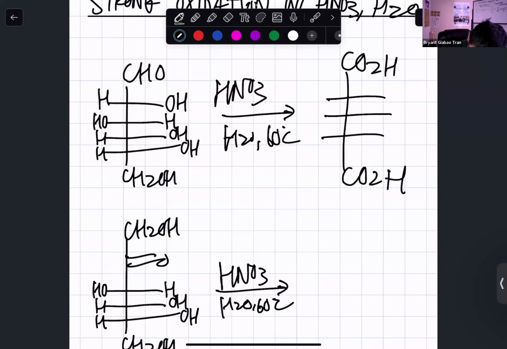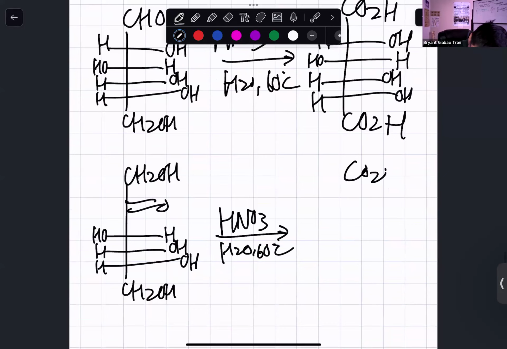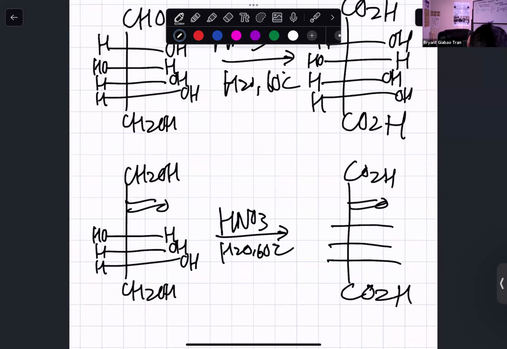Strong oxidizing agent. Works for both aldose and ketose. Okay. Same for the ketose here. We still have a carbon at the second carbon, so that stays there. Everything else copy and paste, except the last carbon. Last carbon also gets oxidized because this is a strong oxidizing agent. Right, like that.